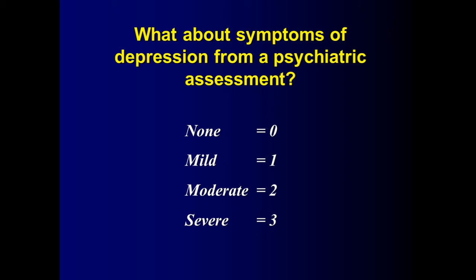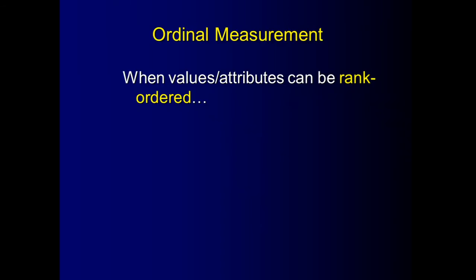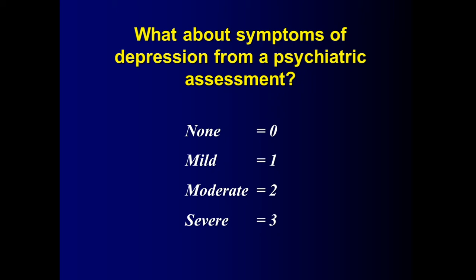In the psychiatric department, someone's depression levels are assessed. So 0 is none, 1 means mild, 2 means moderate, 3 means severe. What do you mean by this scoring? Can you call it an order?